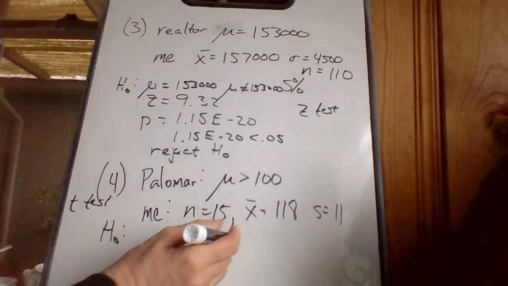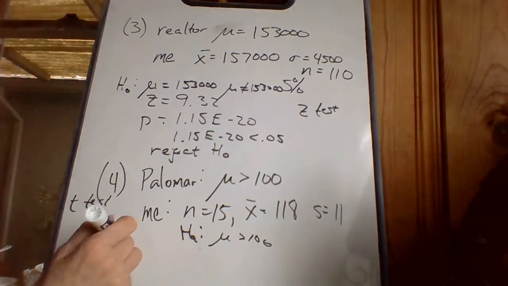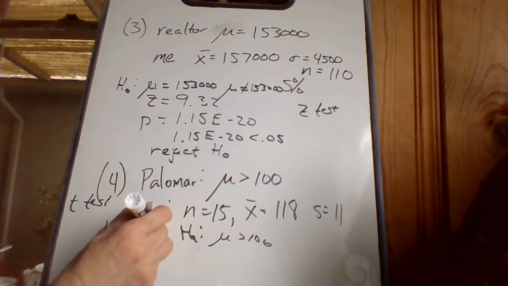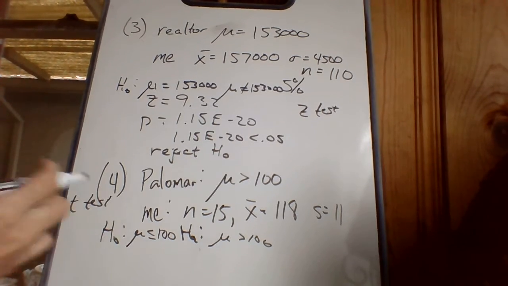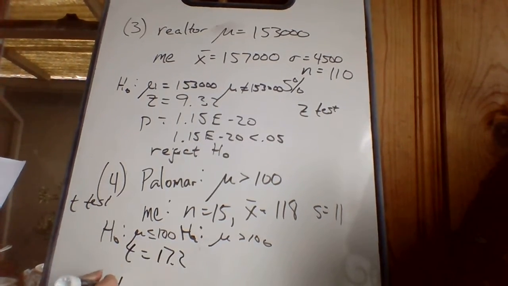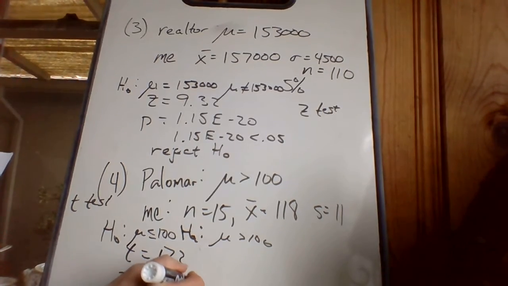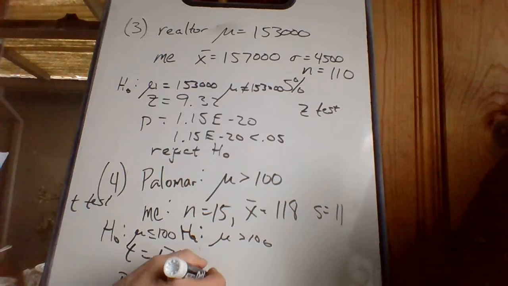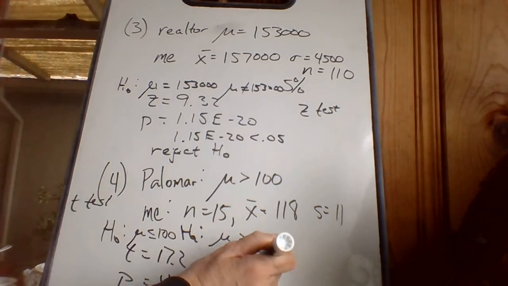Anyway, Palomar said something that doesn't have an equal sign: mu is greater than 100, and I'm going to have to put less than or equal to 100 right there. And then it's not get Z, get P. It's actually get T, since I did T test. T is 17.2. P is 4.64 e negative 33. Gosh, that's a small number. Small numbers, I end up writing reject.